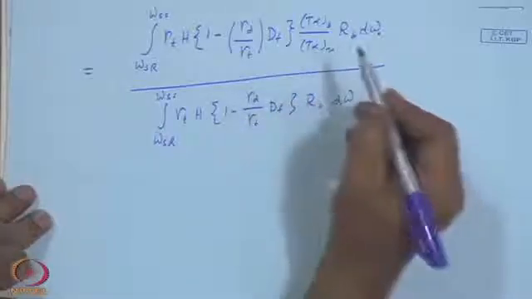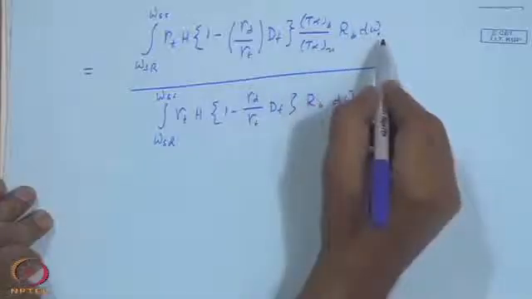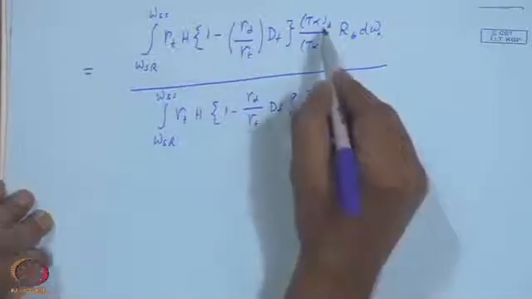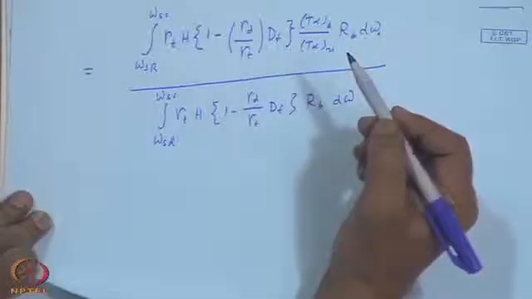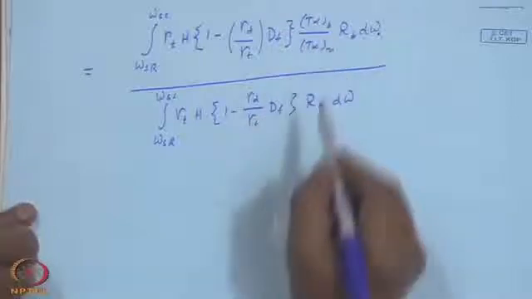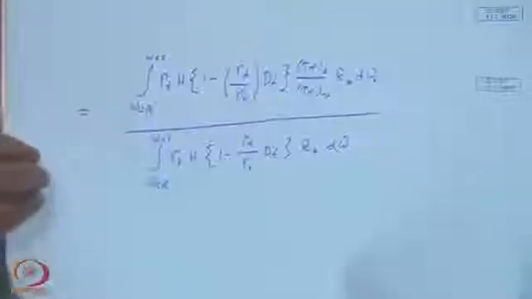Actually, it could have been equally accurate even if we say only tau alpha b r b d omega equal to tau alpha bar b. However, the relation is for tau alpha b by tau alpha n in terms of the angle of incidence. So, it is more convenient to use this particular form rather than only tau alpha b. Other than that, there is nothing special about multiplying with tau alpha b upon tau alpha normal.